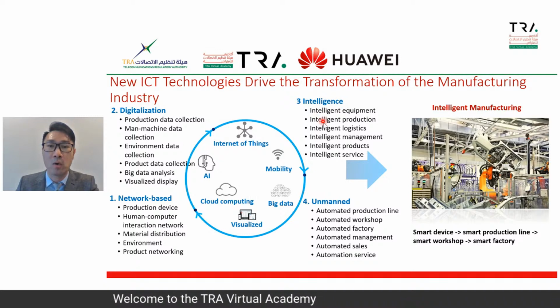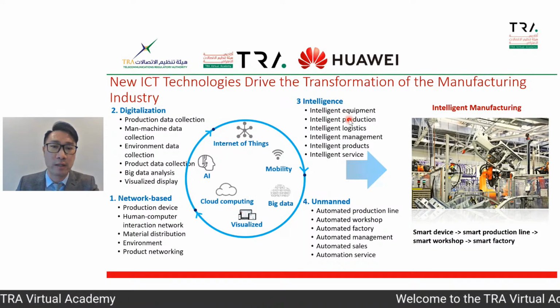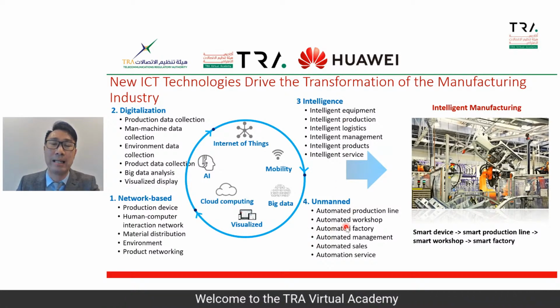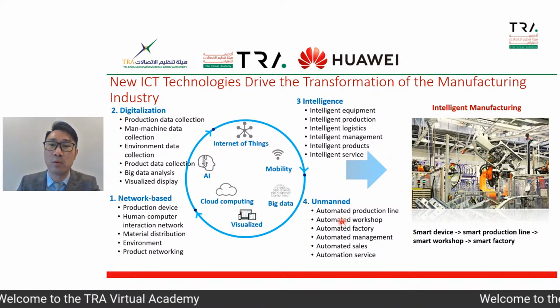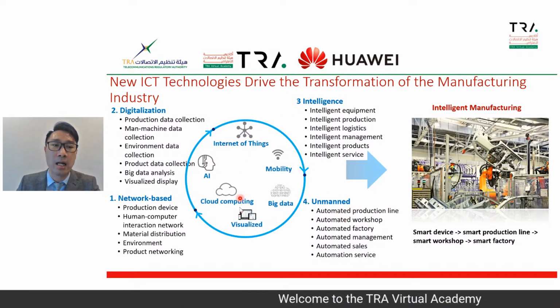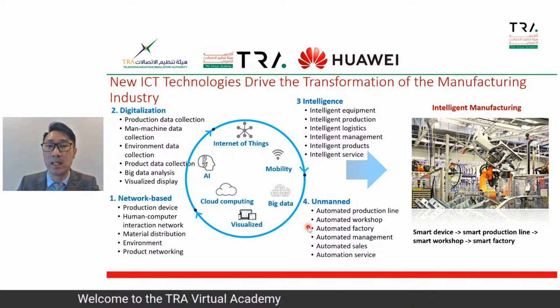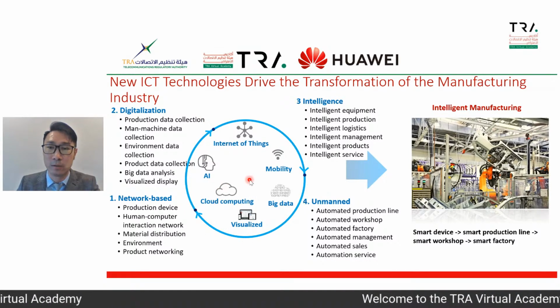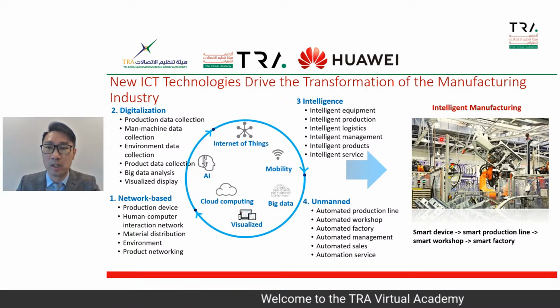And after all the processes in the manufacturing are intelligent enough, then we can require less workforce in the factory. So everything will become automated. And this is the fourth step that we will implement in manufacturing using the different ICT technologies to achieve intelligent manufacturing.